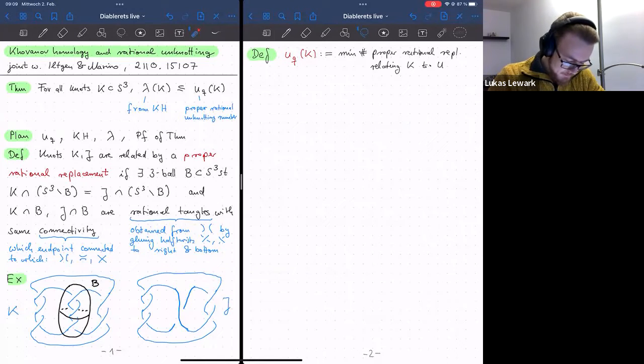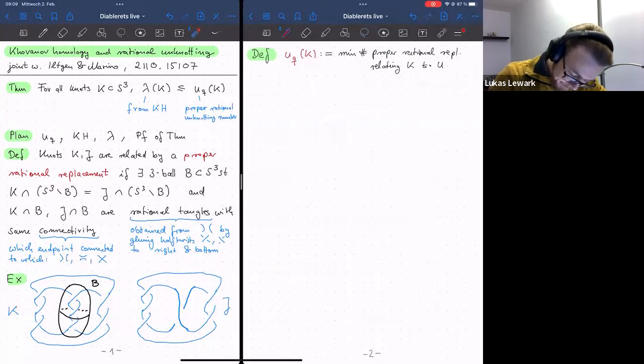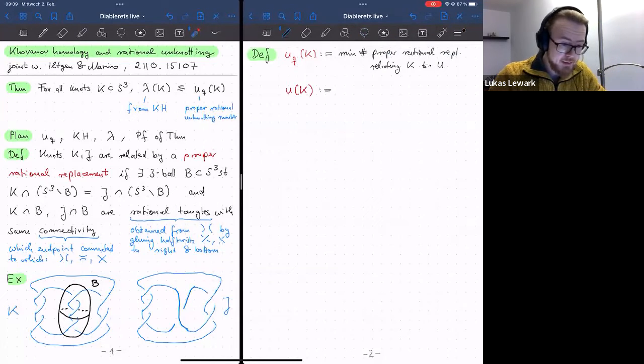So that's not a very well-known invariant, but it's similar to a much more famous invariant, namely the unknotting number. And you see, the unknotting number can also be defined as the minimum number of certain replacements you need to do to get from a knot to the unknot.